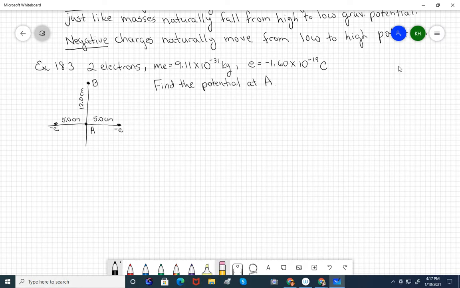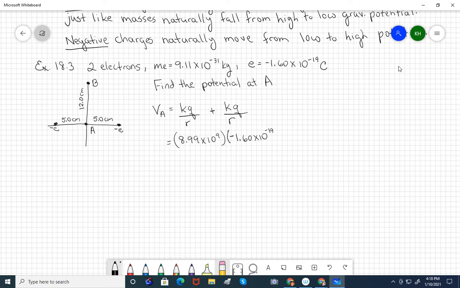Potential's nice, it's scalar. To find potential, all we have to do is use regular arithmetic. I just have to add up the potential due to each one of these. So the formula for potential is kQ over r. But in this case, we've got 2 different charges, so we'll have to add those together. k, of course, is 8.99 times 10 to the 9th. Q is negative 1.60 times 10 to the negative 19th.